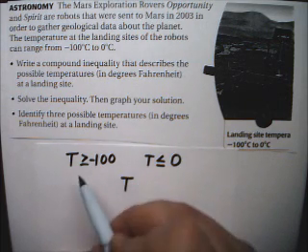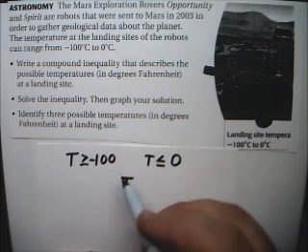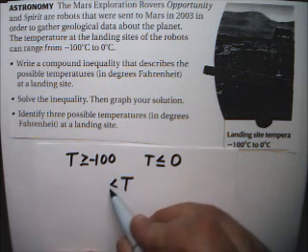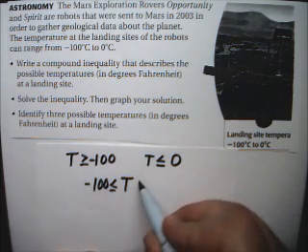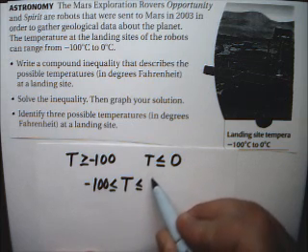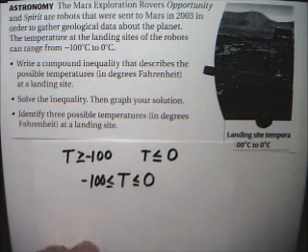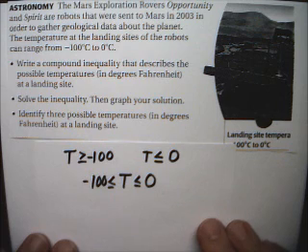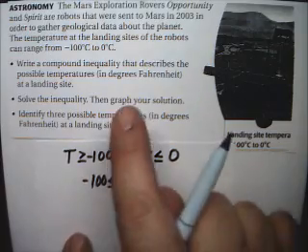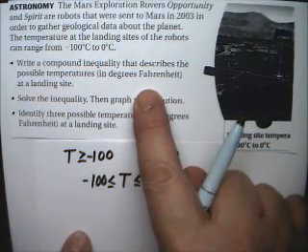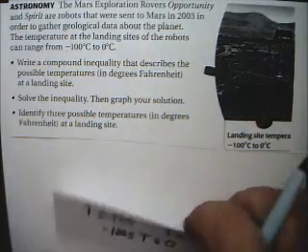And this is going to be T, and the wide open part toward the T, and this time the pointy part toward the T, and I have T is greater than or equal to negative 100, and T is less than or equal to 0. So now the question says to do this in degrees Fahrenheit.